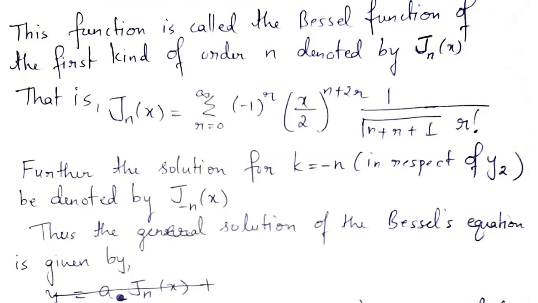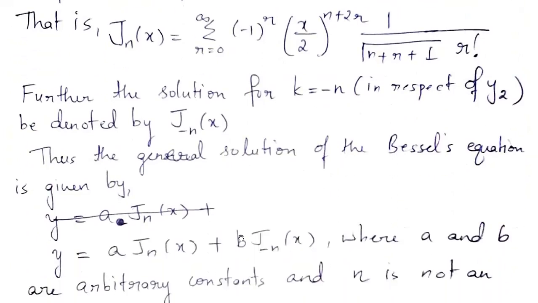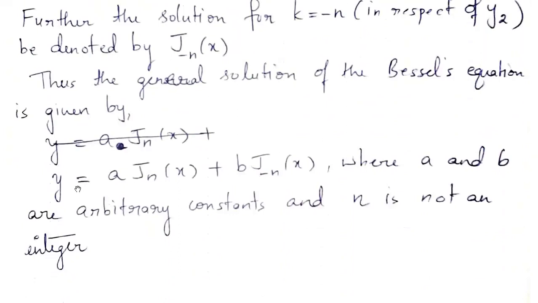The general solution is obtained by combining the solution of Y1 with the solution of Y2. So the general solution for Bessel's equation is given by y equal to a into Jn of x plus b into J minus n of x, where a and b are arbitrary constants and n is not an integer.